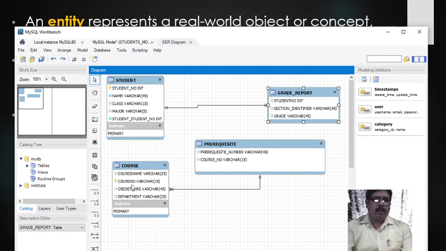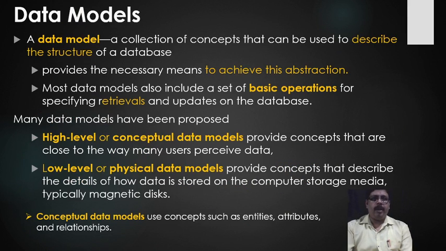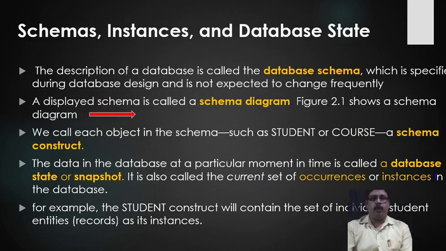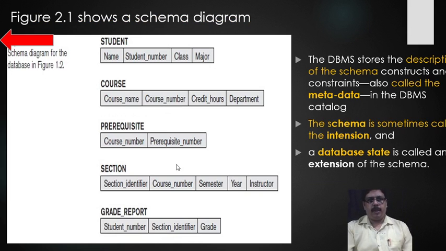So here course number of the course table, which is having a primary key, is linked with the course number of the prerequisite. Means if you want to join this course, what are the prerequisites you should have? That is the relationship. That type of relationship is defined by this particular relationship. So this is what is all about data. Okay. So I hope you understood what is a data model, and I hope you can go further.